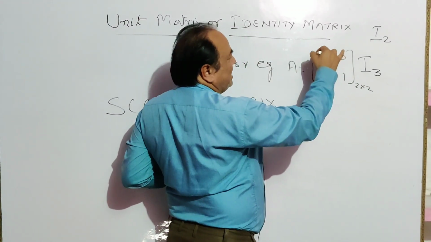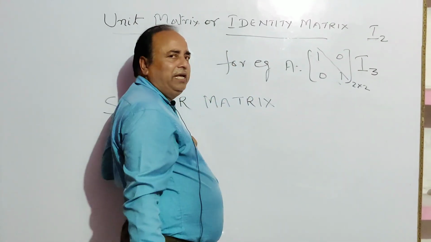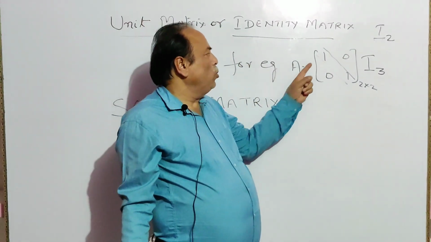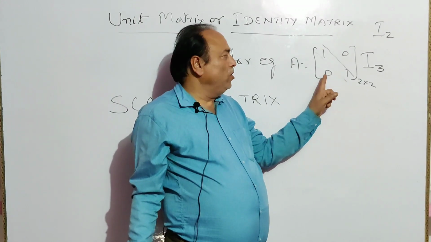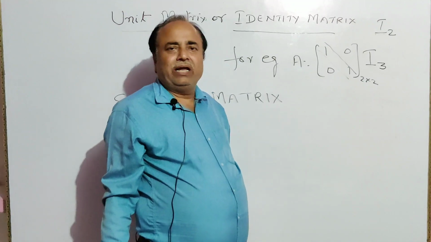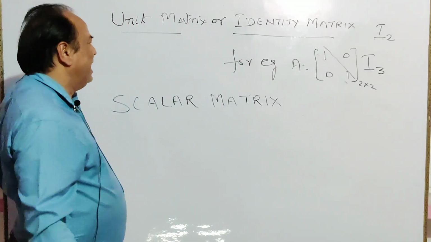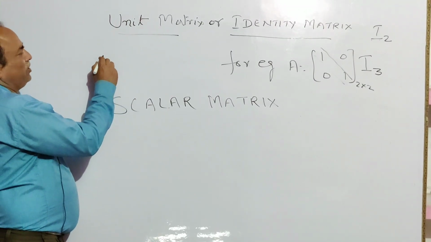Just see, these diagonal elements are unity. Here only 1 is there, and non-diagonal elements are equal to 0. Such a matrix is known as a unit matrix. This is an example of order 2 into 2, and this is an example of order 3 into 3.